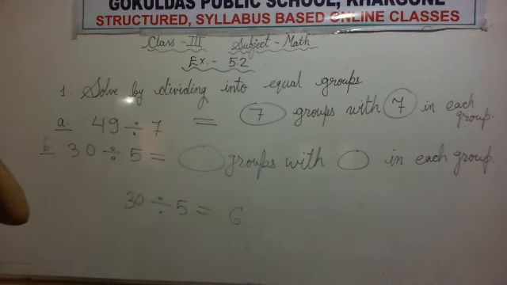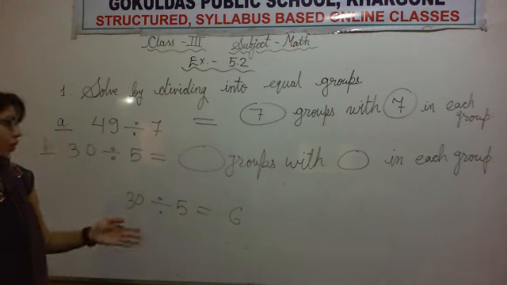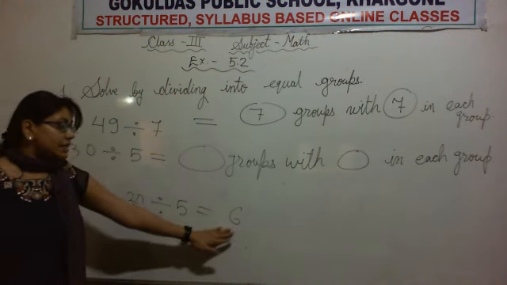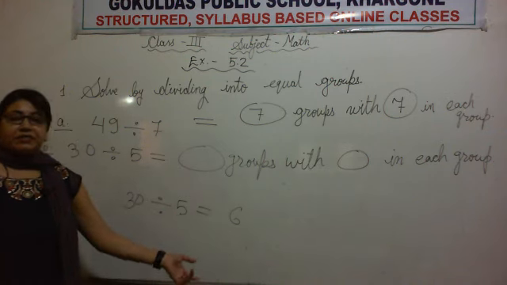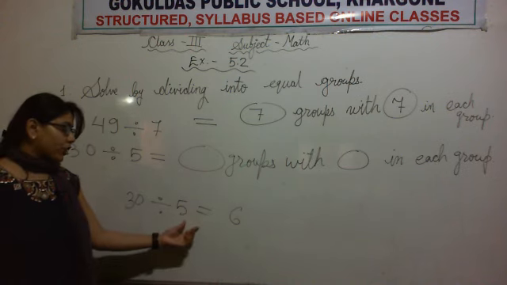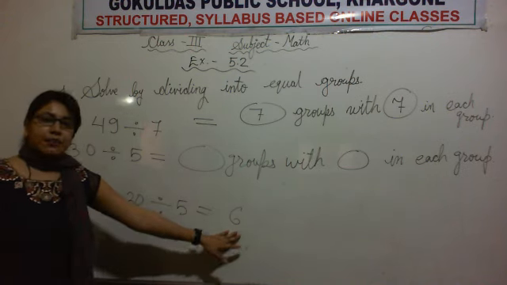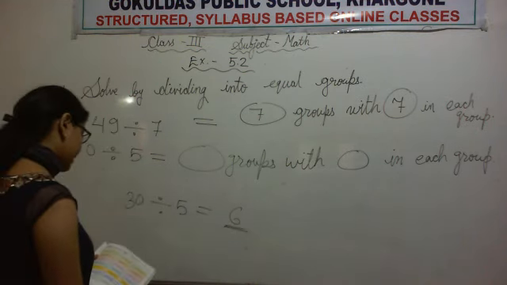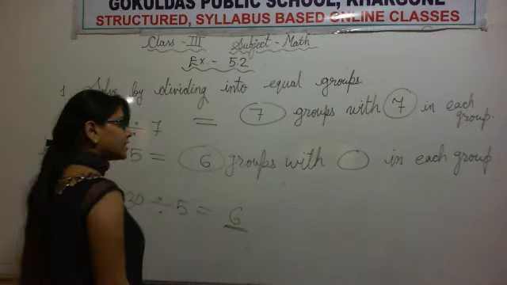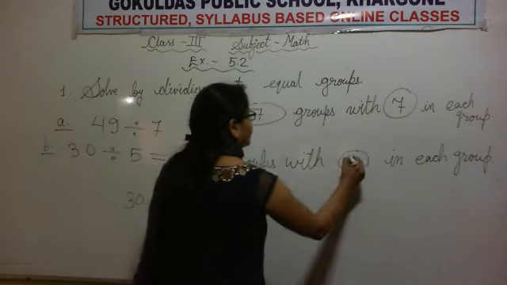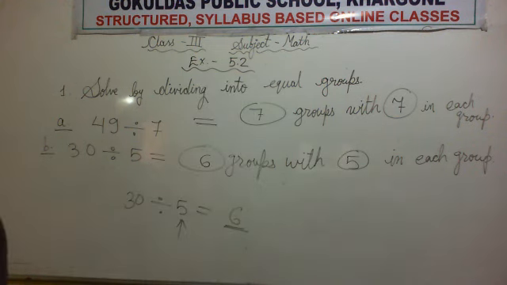First of all, write down the table of 5 and you will find that 5 sixes are 30. So we will write 6 here. 30 is found 6 times in the table of 5, so this is the number of groups made. So we write 6 groups with 5 in each group.